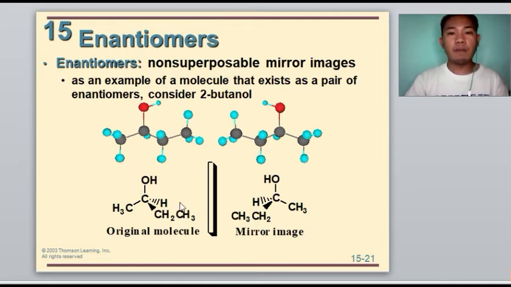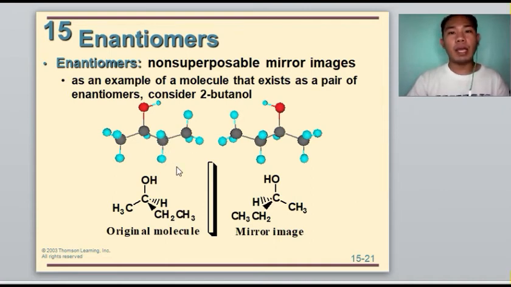This structural formula does not show the three-dimensional shape of 2-butanol or the orientation of its atoms in space. To do so, we must consider the molecule as a three-dimensional object. On the left here is what we will call the original molecule and the ball and stick model of it.